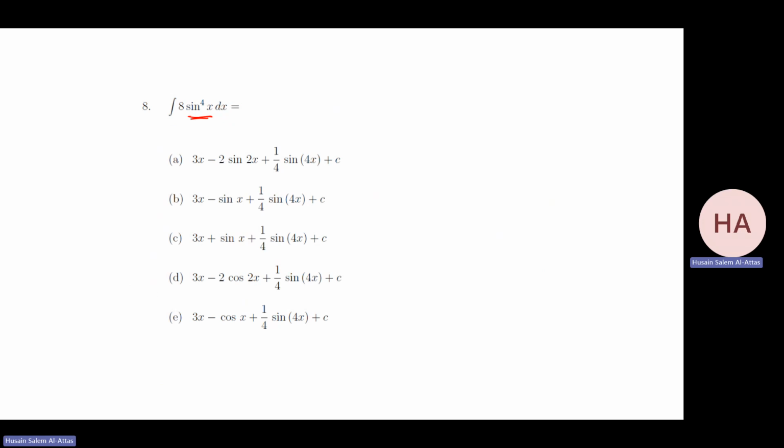So I need to write sine to the power 4 in terms of the sine angle and double angle. So I need to write it as sine square all square dx. Now that will be integral of 8. What is sine square? It's half minus half cosine 2x all square dx. Now you open the square.